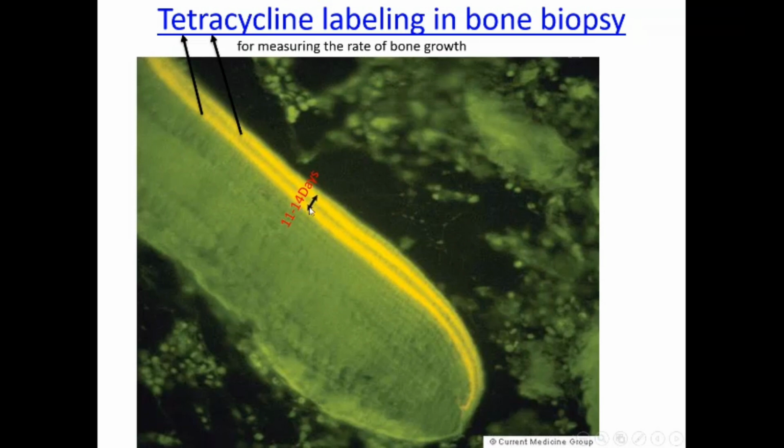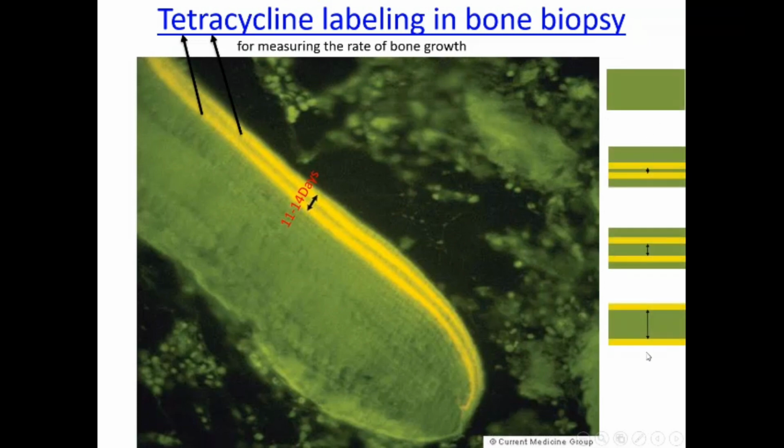Then, after a 14-day interval, we inject the next tetracycline, and again it deposits on newly formed bone. We have another bright line. By the distance between these bright lines, we can understand the rate of bone growth.